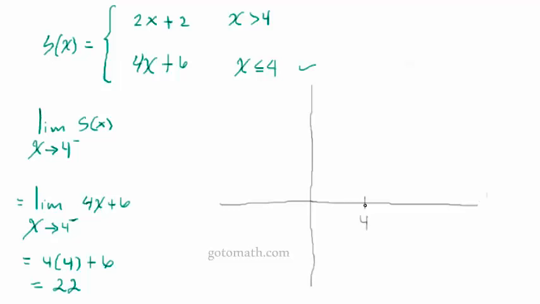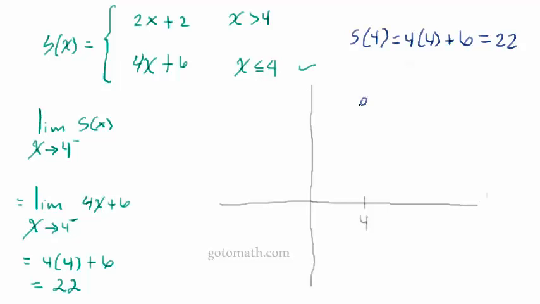Now, what is s of 4? Well, we're going to use this one down here, and that's going to be 4 times 4 plus 6, which is equal to 22. So we're going to say that this up here is 22.